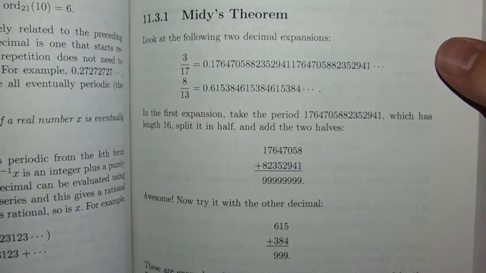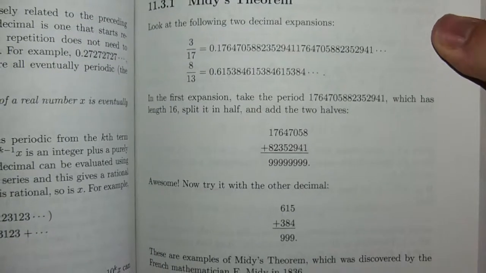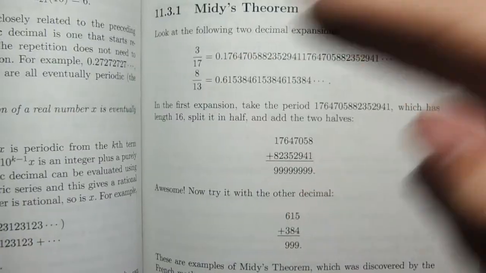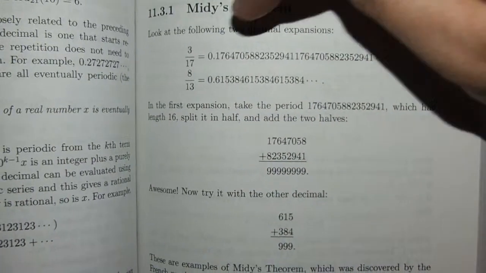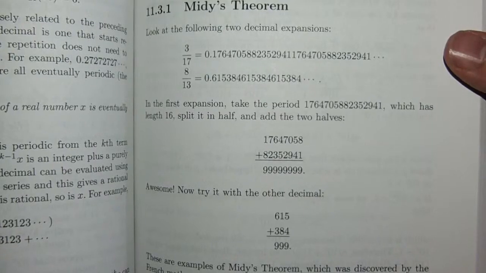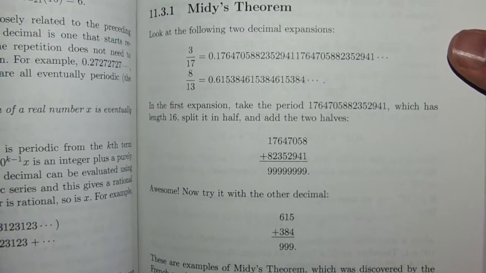So, Midy's theorem, before I state Midy's theorem, I just want you to notice this neat thing. So I have two decimal expansions, so 3 over 17 and 8 over 13. So here are their decimal expansions. You'll notice that both of them are periodic, but they have pretty long periods.